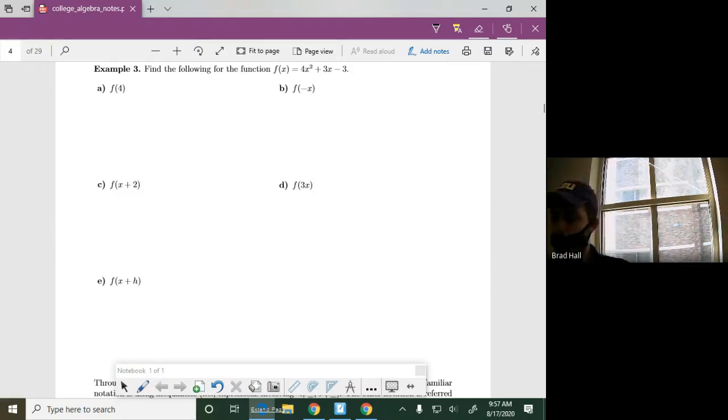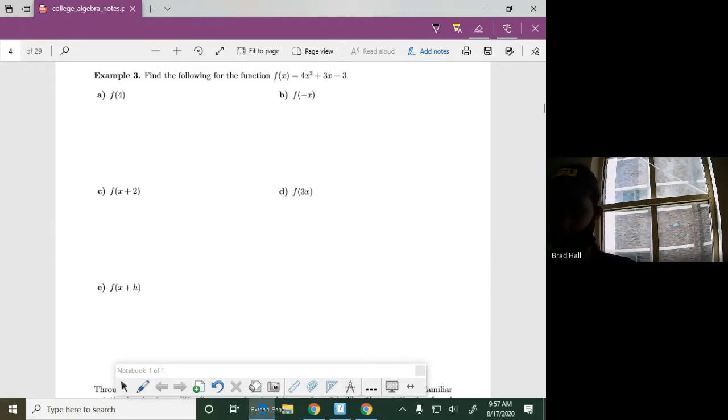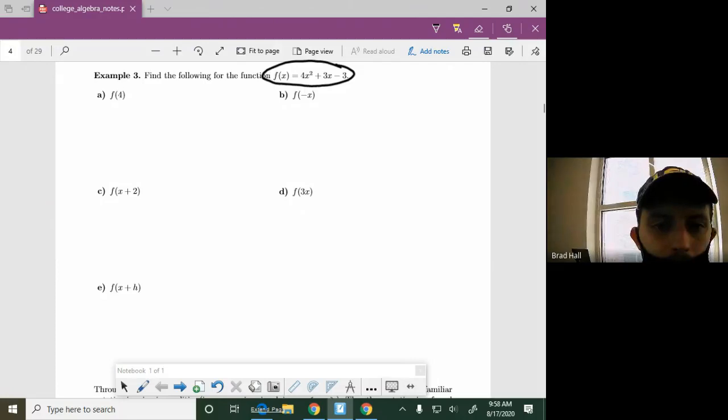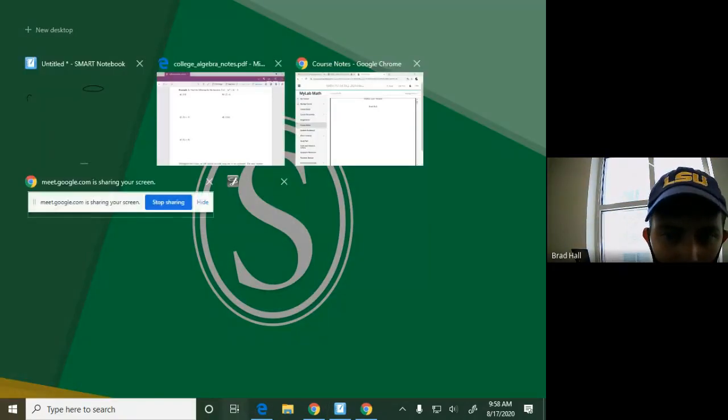So there's some equation up here. So they give us this function, and they want us to do a bunch of stuff to it. In fact, 5 separate things. So let's go ahead and start with part A here. So part A should be the easier one.